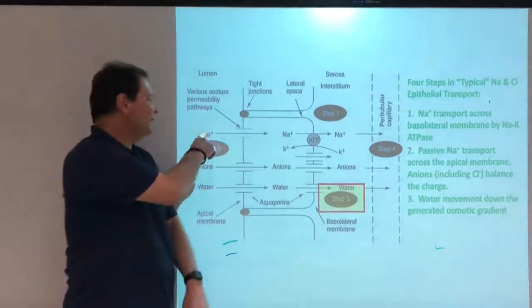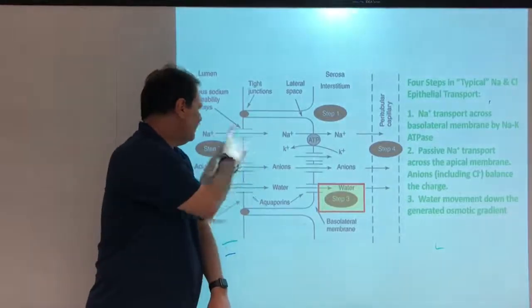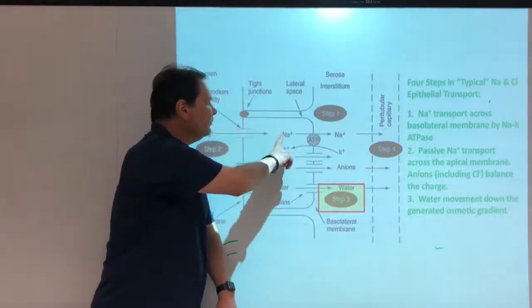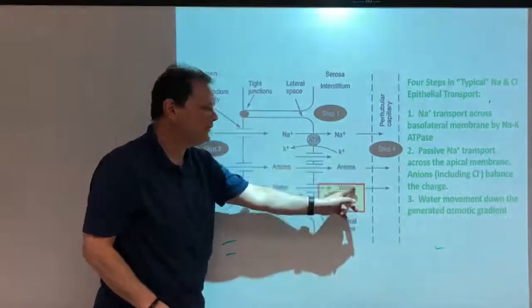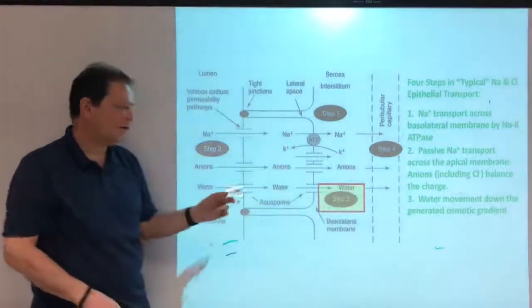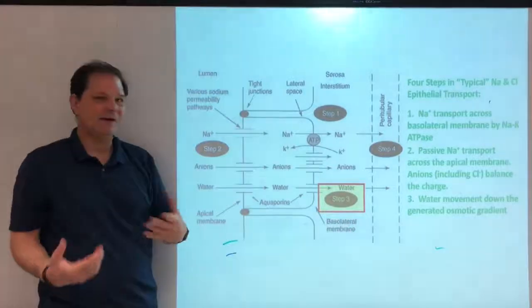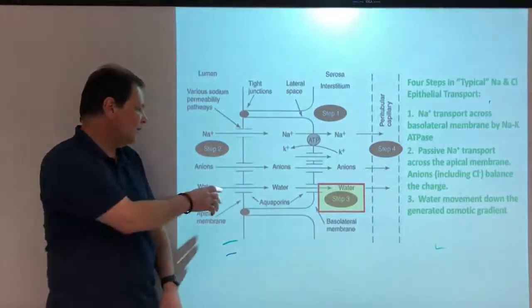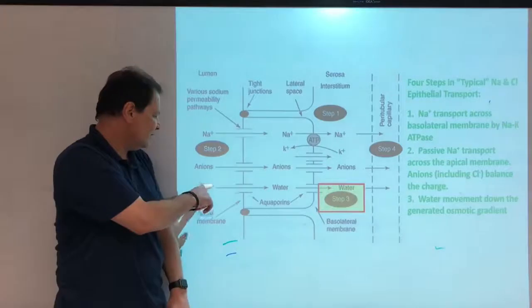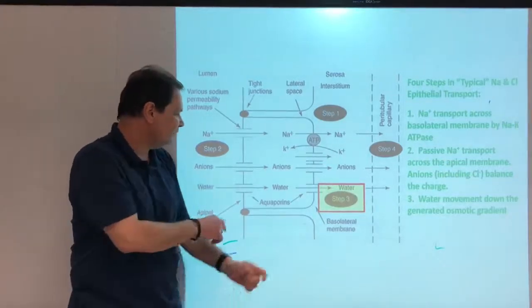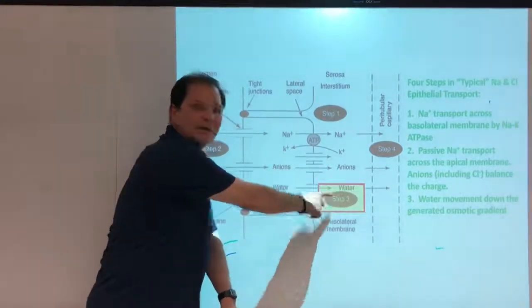So if I'm transporting sodium and chloride from the tubular lumen through the cell into the interstitium, that will increase the osmolarity here and set up a gradient for water, where water will follow, and it will go down its concentration gradient from the tubular lumen to the interstitium.